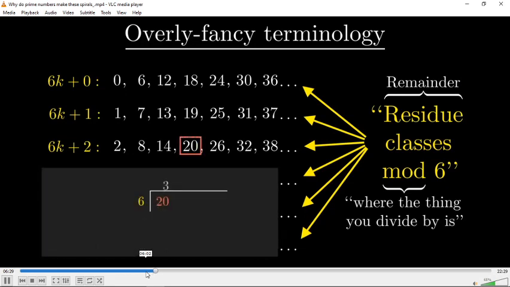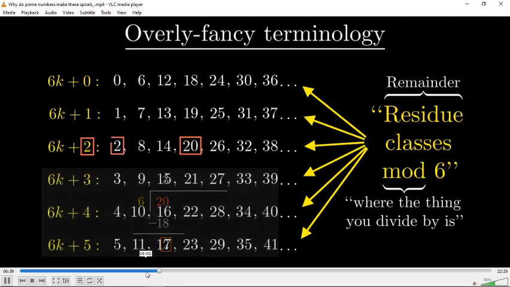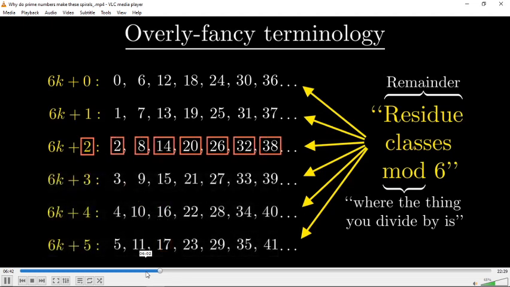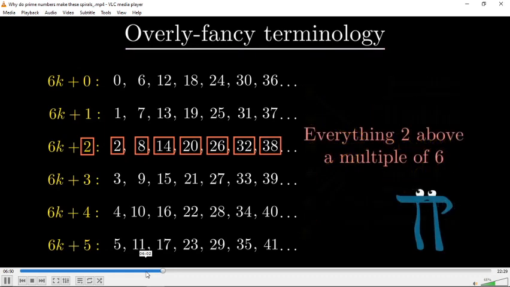So, for example, 6 goes into 20 3 times, and it leaves a remainder of 2, so 20 has a residue of 2 mod 6. Together with all the other numbers leaving a remainder of 2 when the thing you divide by is 6, you have a full residue class mod 6. I know that that sounds like the world's most pretentious way of saying everything 2 above a multiple of 6, but this is the standard jargon, and it is actually handy to have some words for the idea.